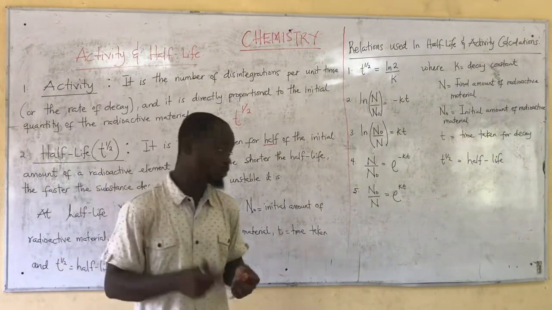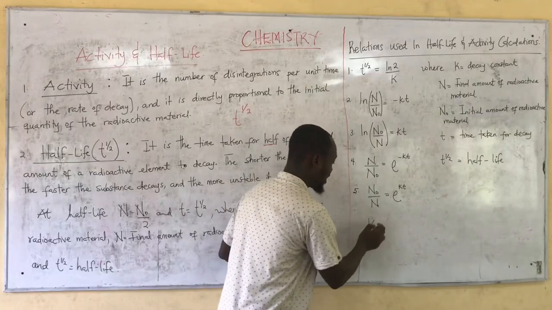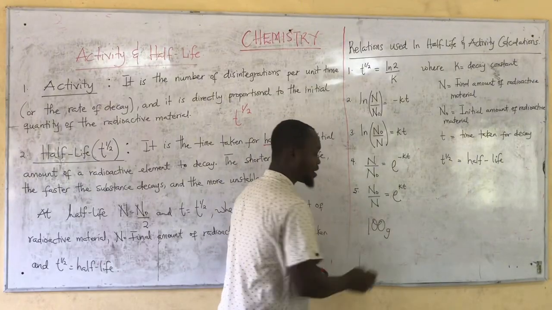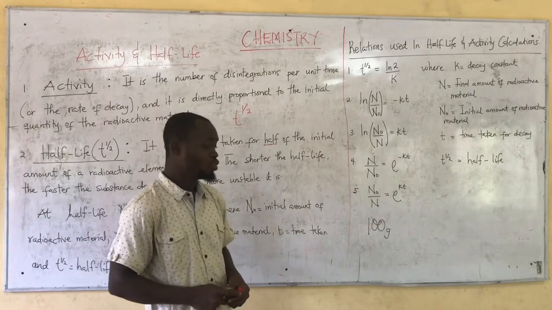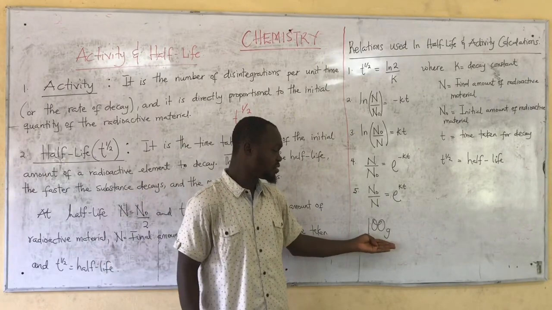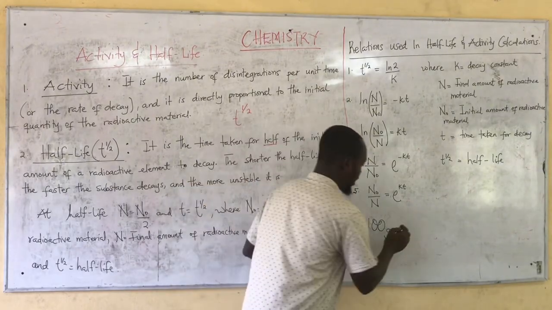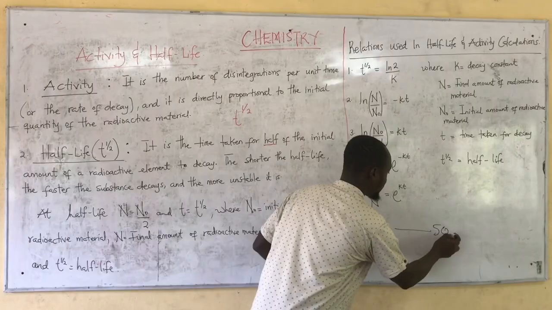So for example, let's say I have a radioactive material which has a mass of 100 grams. The time taken for this radioactive material to disintegrate to half of itself, so half of 100 is 50 grams.